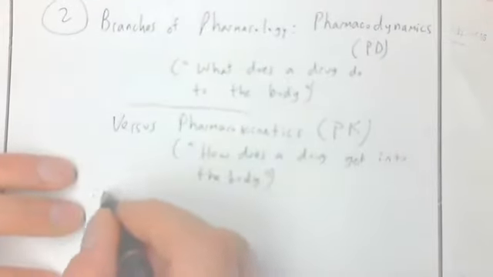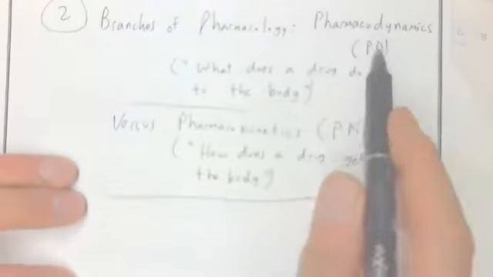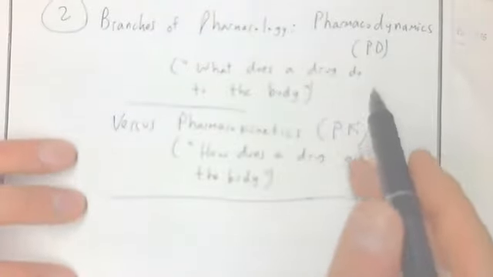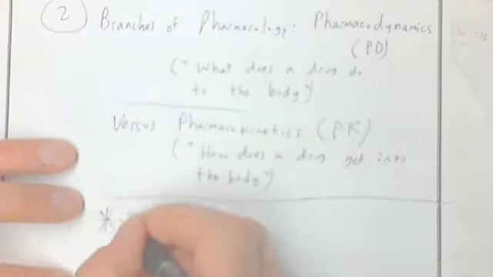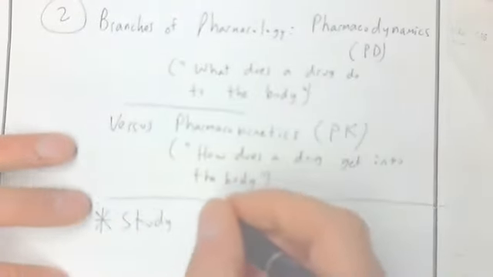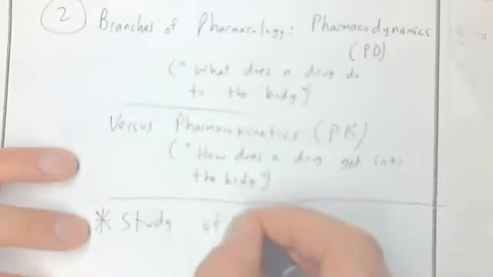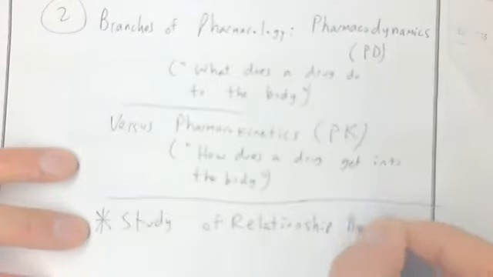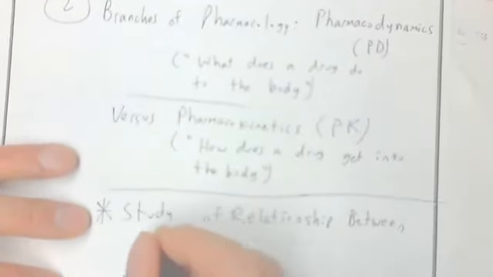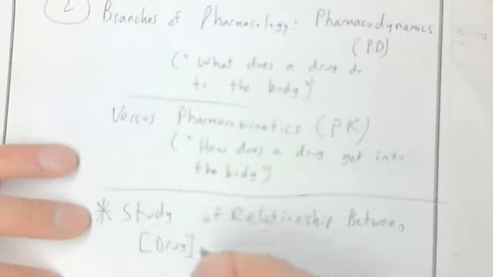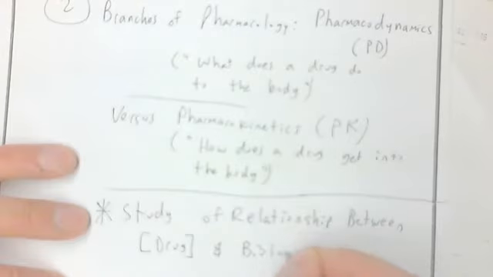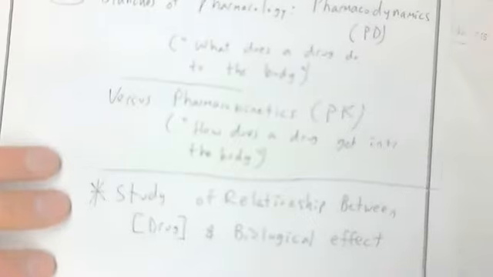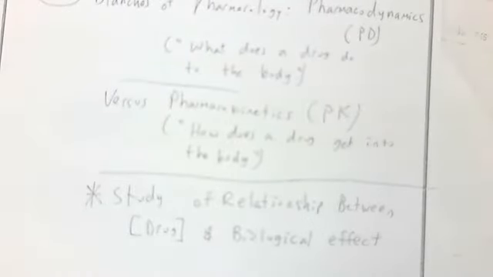Another way to say this is the study of the relationship between the concentration of the drug and a biological effect. That's a nice summary of the concept of pharmacodynamics.